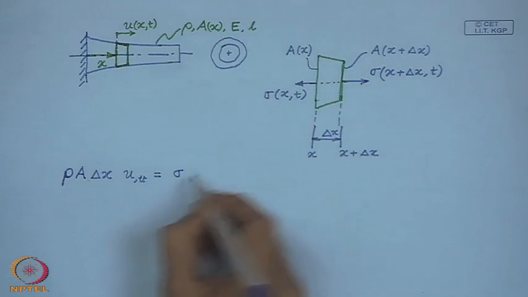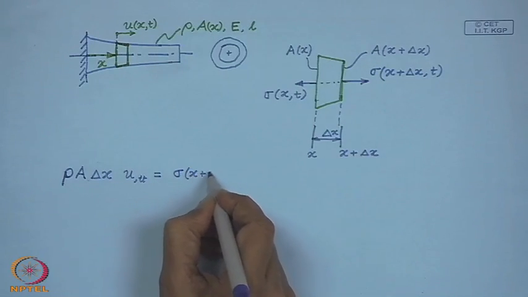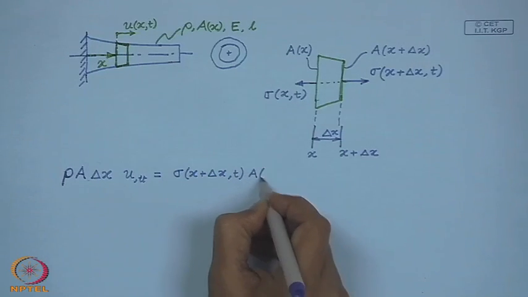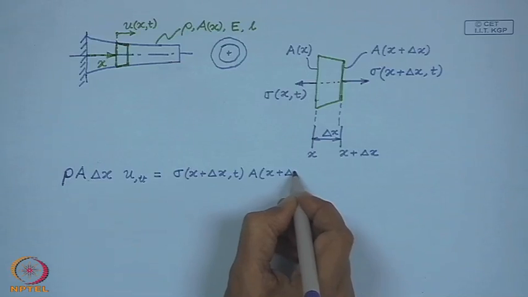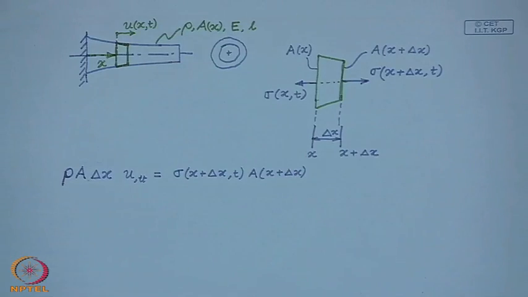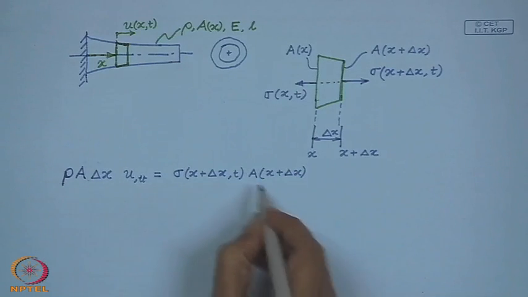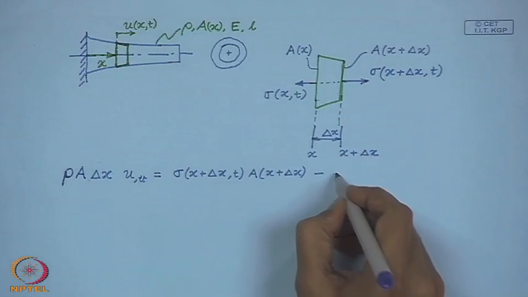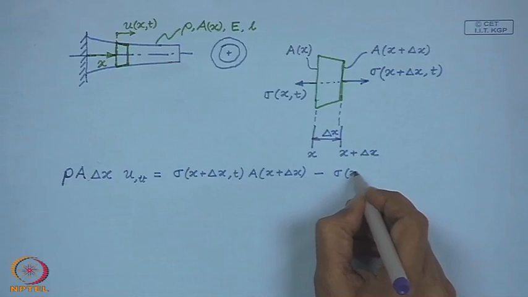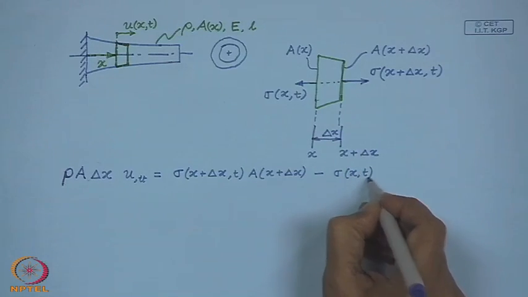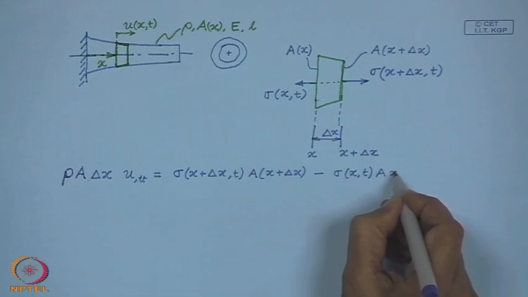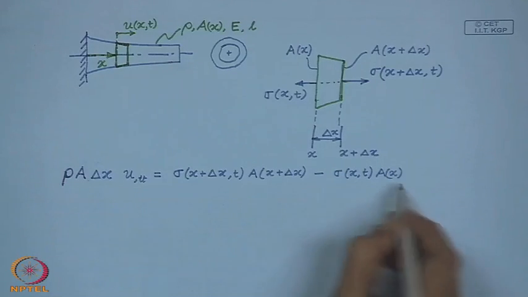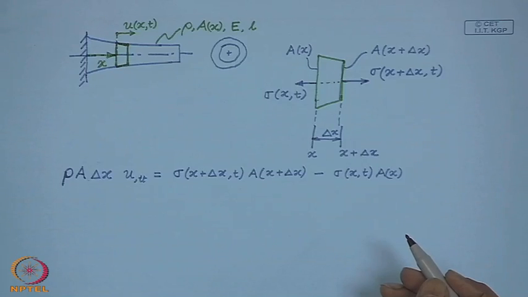So, the force on the right face is given by sigma times A on the right face minus the force on the left face, which is given by sigma times A on the left face.